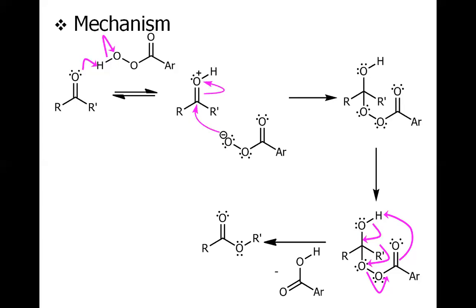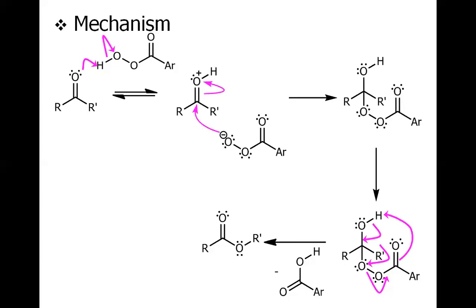The group which is good at migration will migrate, and the migrating group ability is: tertiary alkyl group migrates preferably over the secondary alkyl group, which in turn migrates preferably over the phenyl group, and then phenyl group preferably migrates over the primary group.